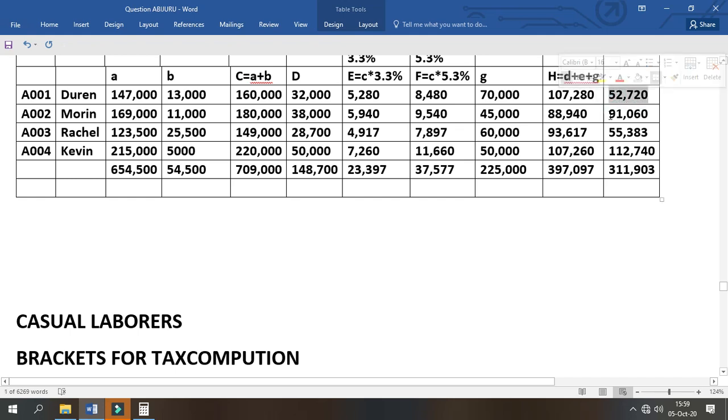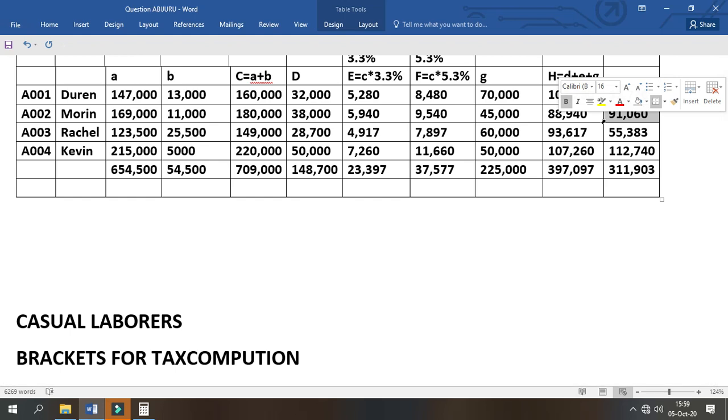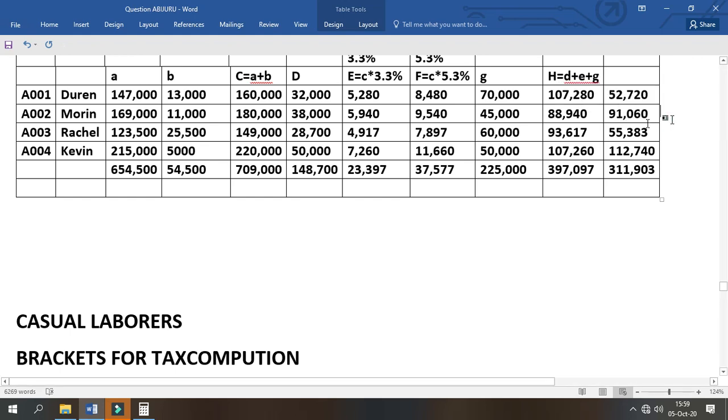Net pay for Maureen is equal to 91,060, and net pay for Rachel is equal to 55,383, and the net pay for Kevin is equal to 112,540. This is net pay.